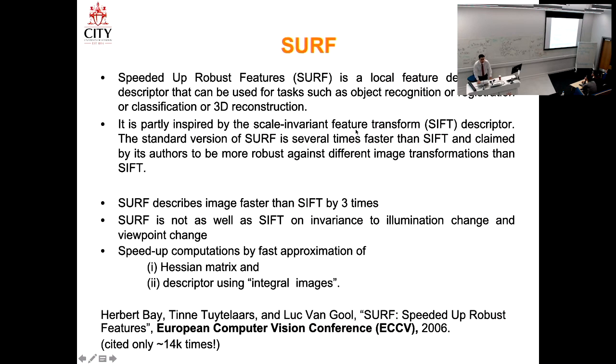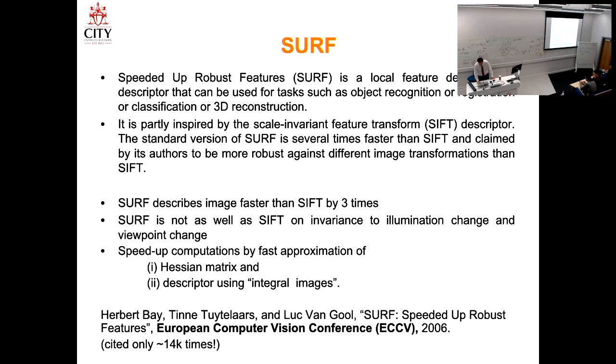There is another implementation, which is very similar to SIFT, called SURF, speeded up robust features. This one is quite similar to SIFT. The only two differences are the way it estimates the Hessian matrix and uses integral images, and the other one is the way they calculate the different filters.